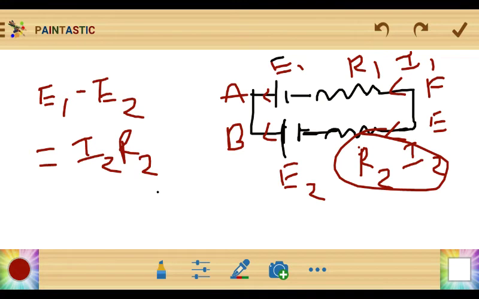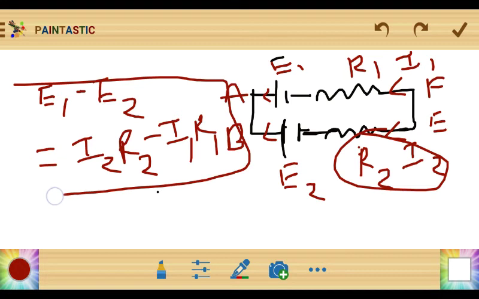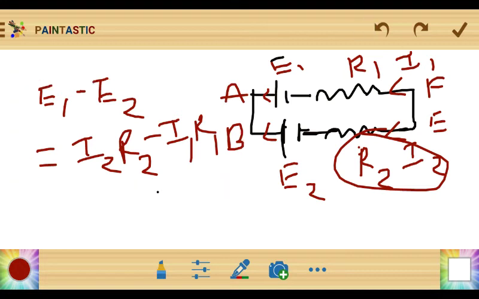Convention current direction means electron direction, and here it is opposite to it, so it is minus I1 R1. So this is Kirchhoff's voltage law, the voltage or loop rule.